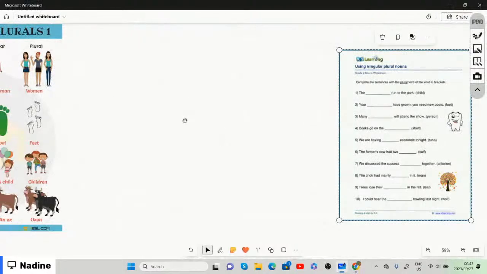All right, so we're going to create sentences, and within the sentences, we are going to choose the word that is plural, that shows more than one.